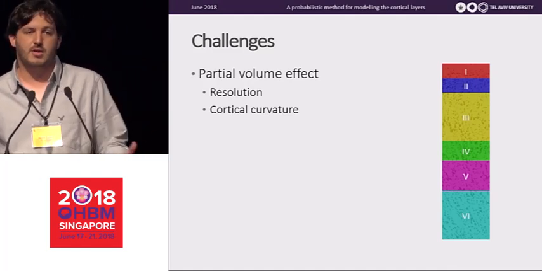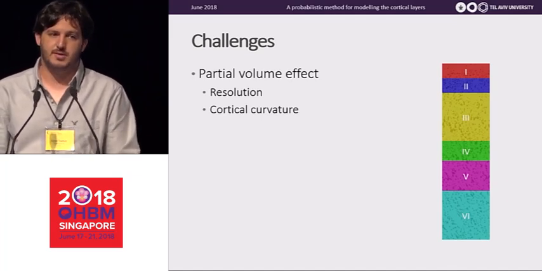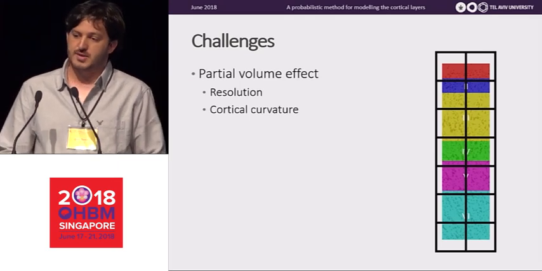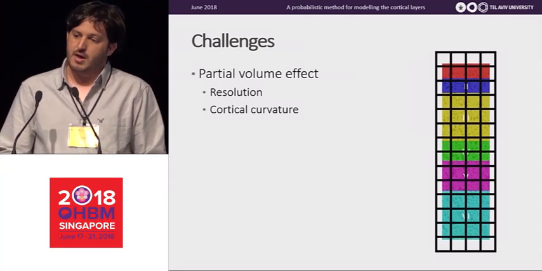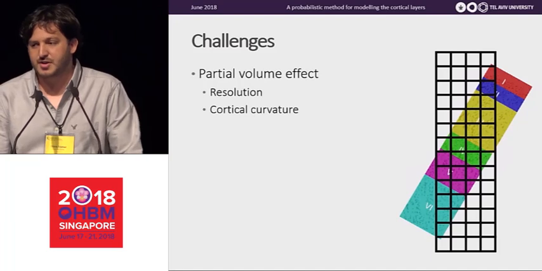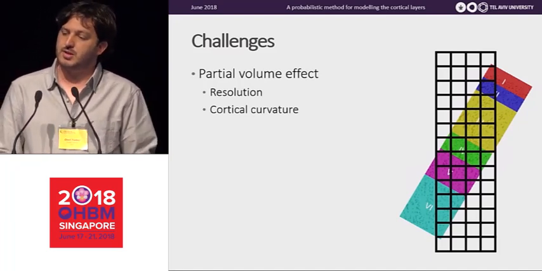Some of the cortical layers are only 100 microns thick, so you need really high resolution, which is a challenge. And even when you attain such high resolution, the convolution of the cortex, as you can see in this crude example, ensures that we'll have partial volume issues even in higher resolution.